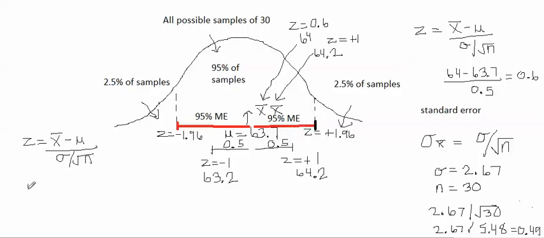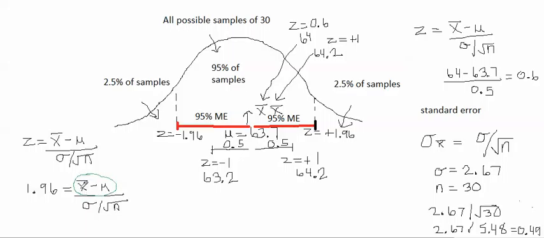So we can plug that in right here. And what we actually want to solve for is the top of this formula, the x bar minus mu, because this right here is the distance between the sample mean and the population mean.